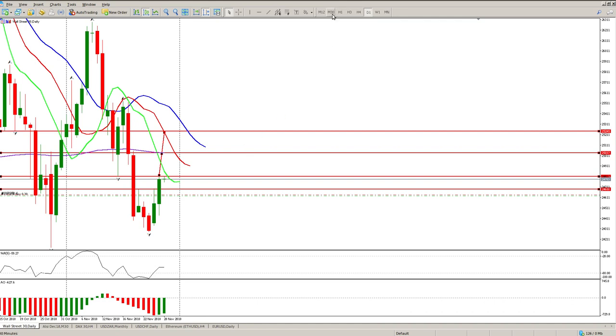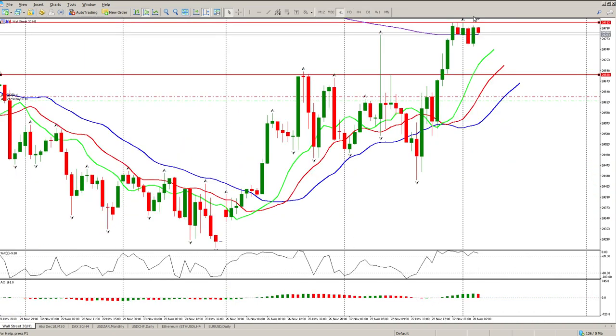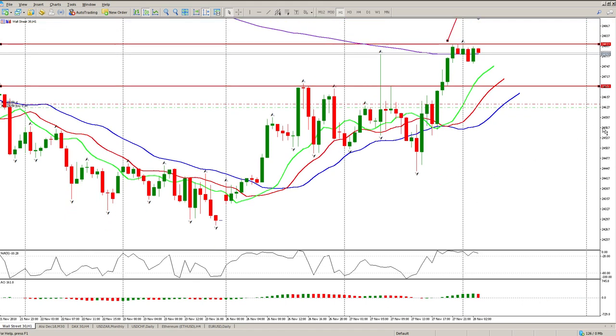Moving down to the 1 hour, this is where it starts becoming interesting, because you can see we have broken the 1 hour 200 moving average, and it looks like we are using it as support at the moment. Alligator is still pointing up. I don't have a swing low yet to move my stop up.